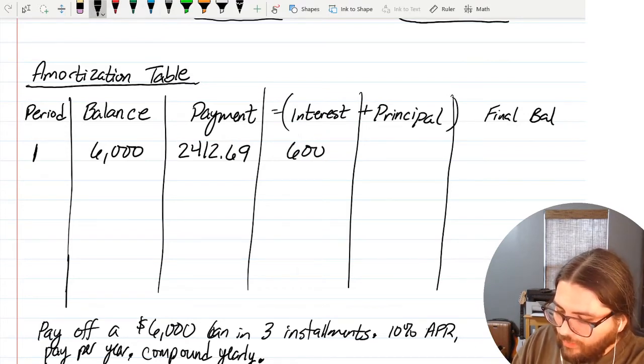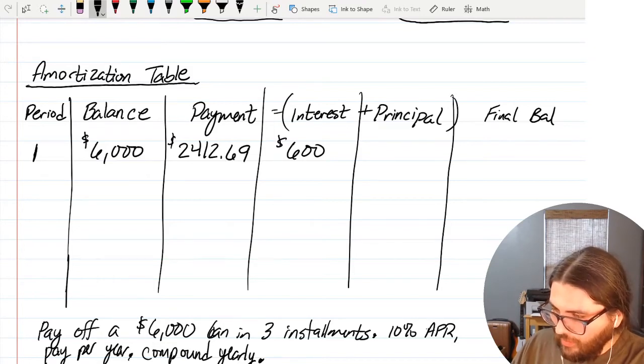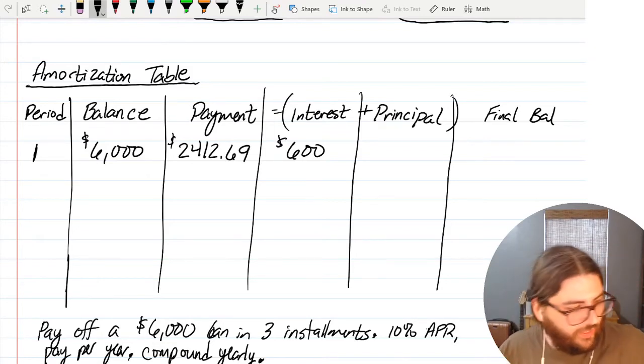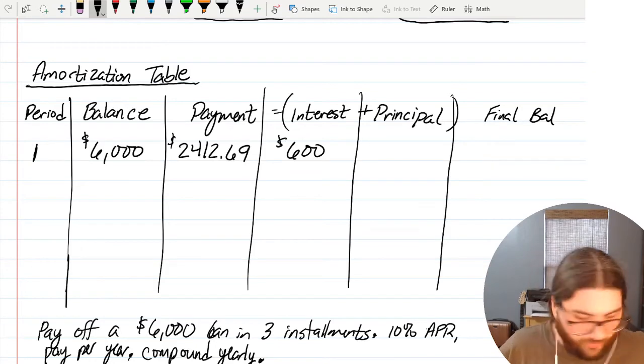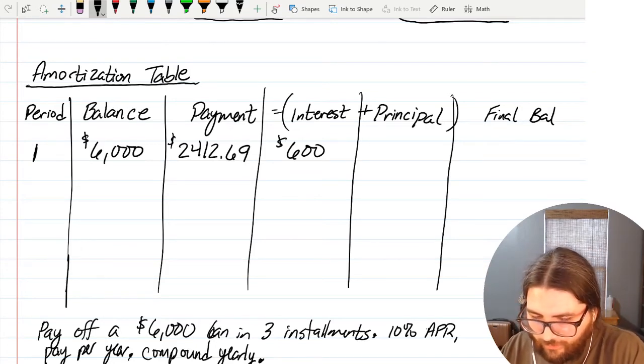Lucky for me, I'm paying more than that. So the extra goes to the principal. Let me grab my little calculator for these kinds of calculations so that I don't need to show my calculator every single time.